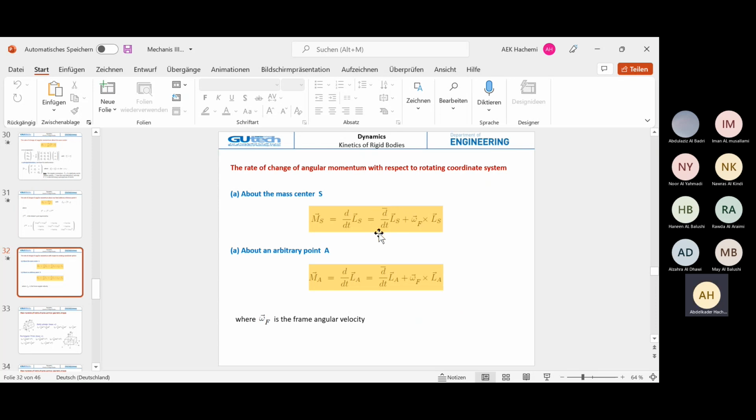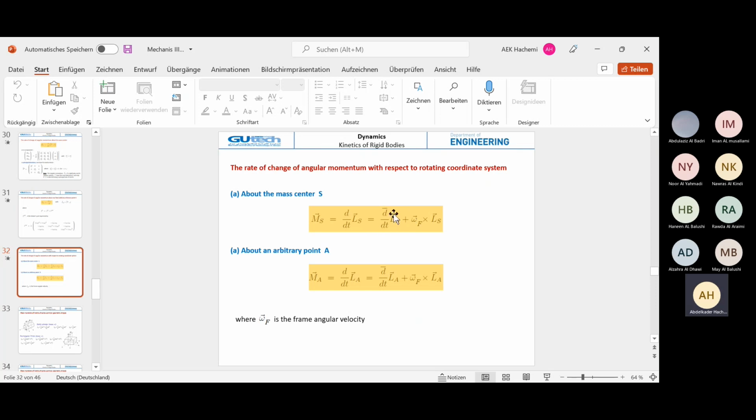We have this first term, okay, as we have omega and all variables in the angular momentum LO are constant. Then in this case, this term here will be equal to zero in our example.